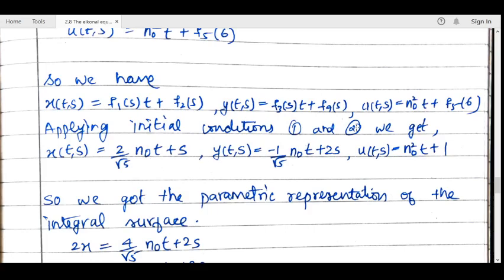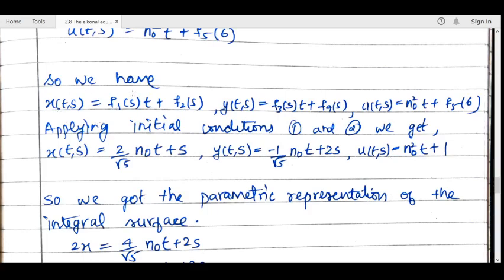Now when we apply it, the first condition is x at 0, s is equal to s. So when t equal to 0, x is s. So you will get f2 is s. Similarly f4 you will get as 2s and f5 you will get as 1. So that value is substituted. Now the second condition is the derivative dx by dt.